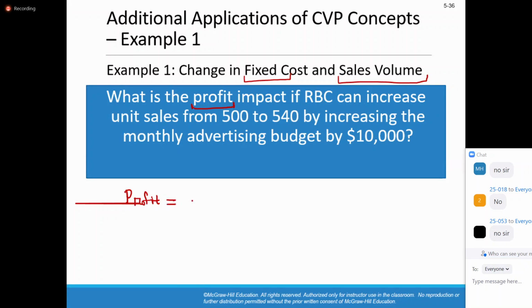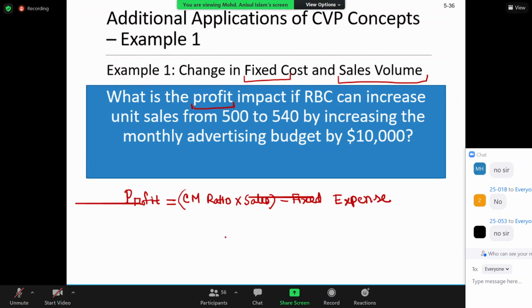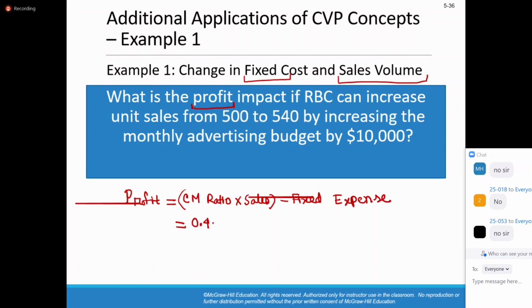Okay, profit is equal to contribution margin ratio multiplied by sales. Okay, so contribution margin ratio is 0.4 or 40%.